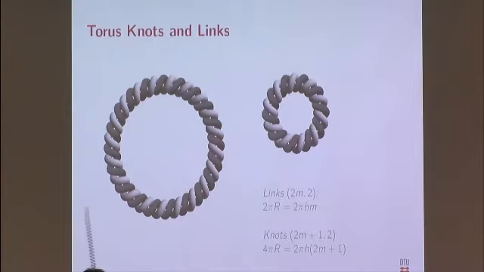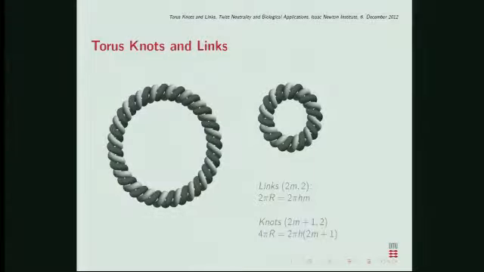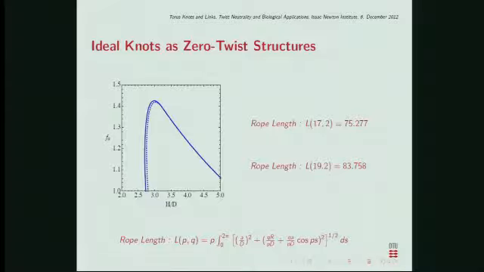Let's look at the torus knots and torus links. The one we had before was the one DNA likes to make. One could think of this as a small plasmid, which would be a link. So both of them come out of the calculation. So you can do the same thing again.